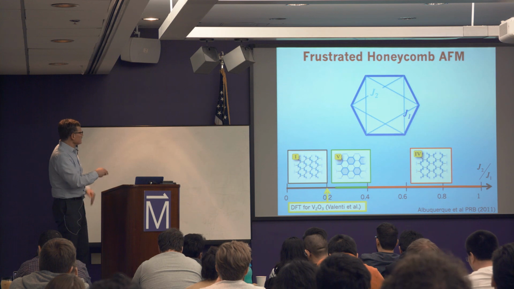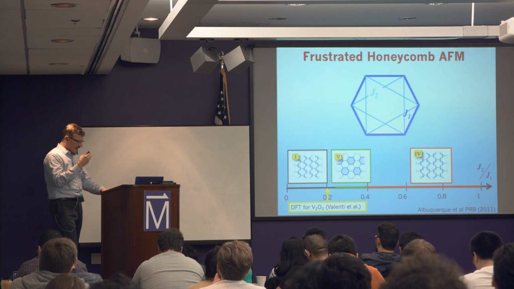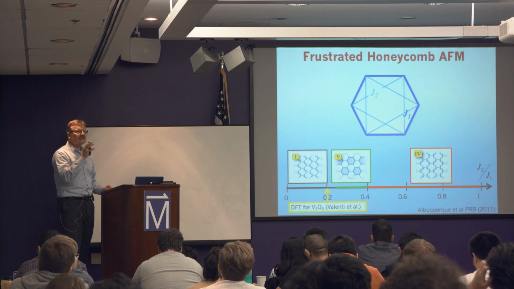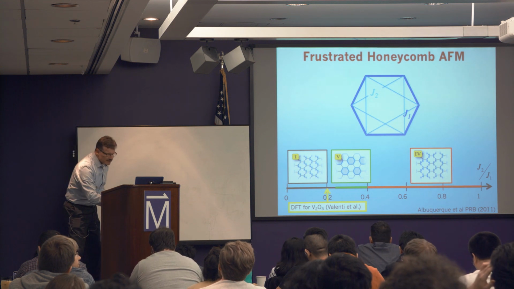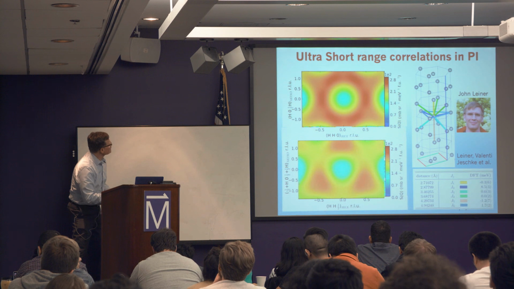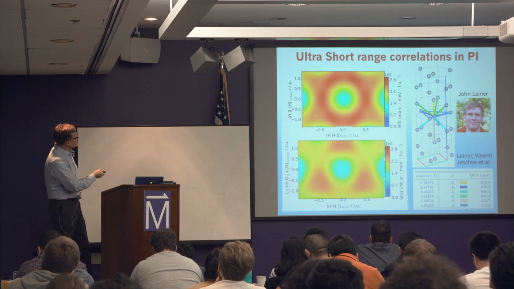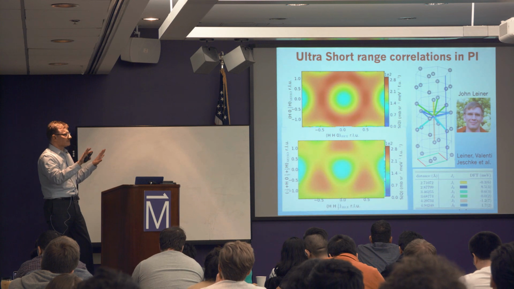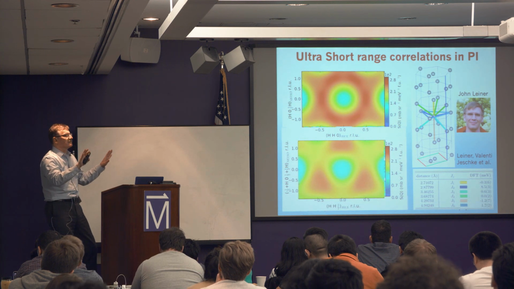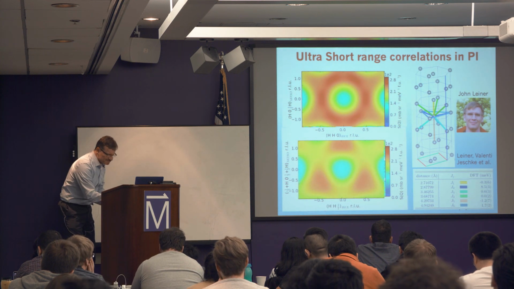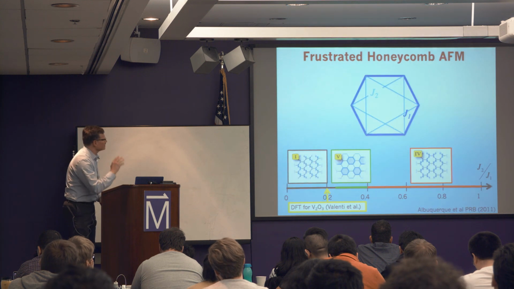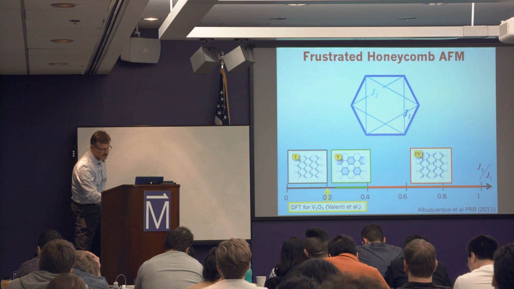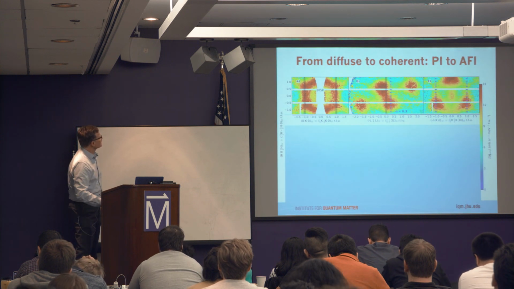And we think that these very broad patterns have to do with the frustration on this honeycomb lattice. One thing I should point out is that the calculations I showed you previously involve all of these exchange constants. We haven't made the approximation to say it's just a honeycomb lattice. But when we talk about it, it simplifies things to think about the individual honeycombs, and they seem to be very, very frustrated.